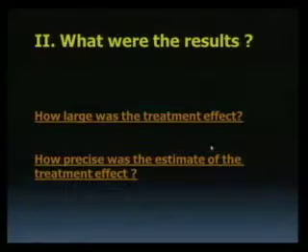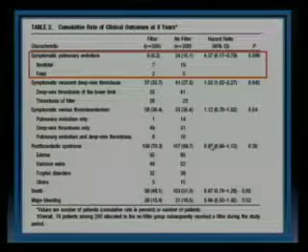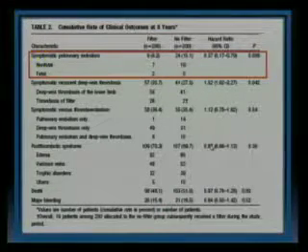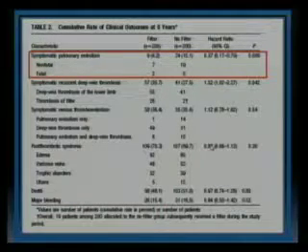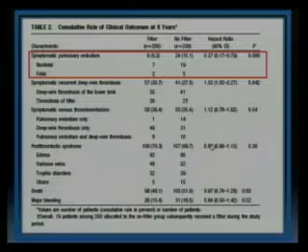Then the second group of questions: how large was the treatment effect? Then how precise was the estimate of the treatment effect? Let's take a look at the results of the PREPIC study. When you look at symptomatic pulmonary embolism, there was a clear difference between the filter group and the non-filter group. The p-value is 0.008.